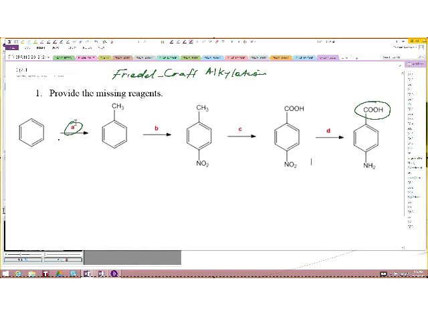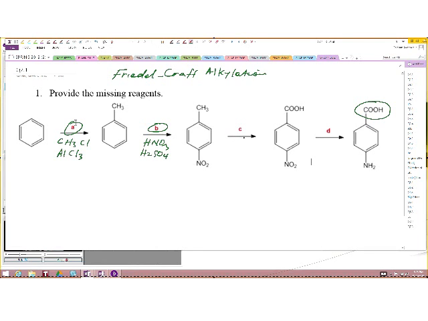In this case you need methyl chloride in the presence of aluminum chloride. How about B? We want to go from toluene to nitrotoluene, introducing the nitro group in the para position. Nitration, very good. Nitric acid in the presence of sulfuric acid.